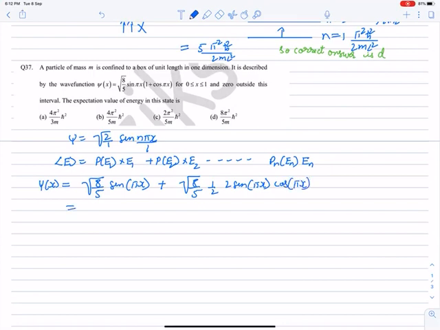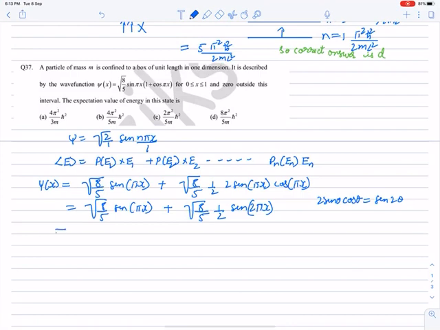I have already told you that the function can't be in multiplication form, it has to be in the sum or addition form. So we can write this as under root 8 by 5 sine pi x plus under root 8 by 5 1 by 2 sine 2 pi x. That is, we have used the formula 2 sine theta cos theta is equal to sine 2 theta. So now this is already changed.